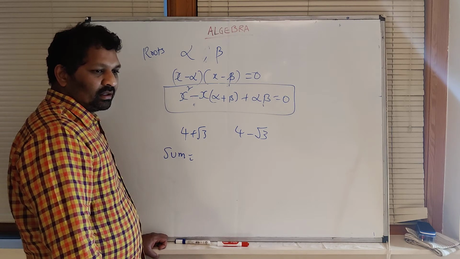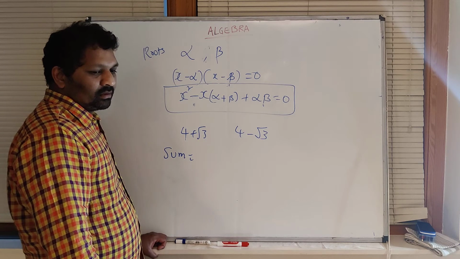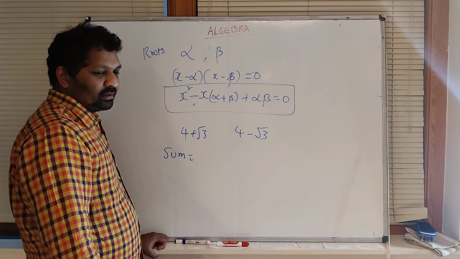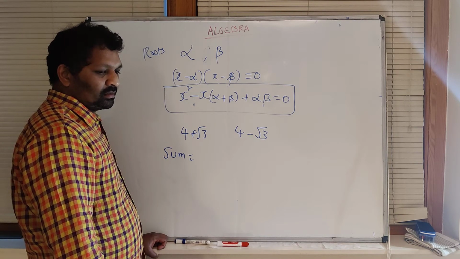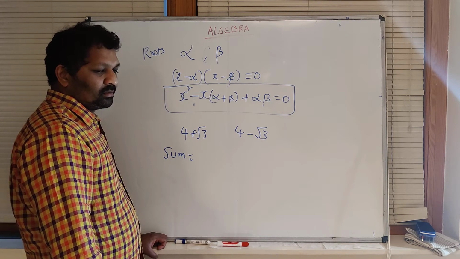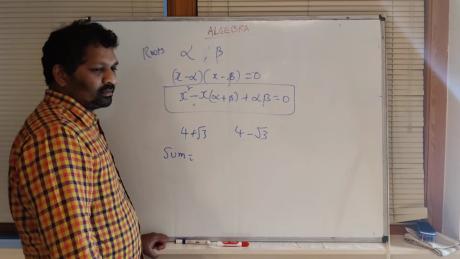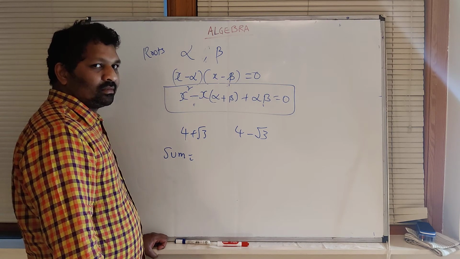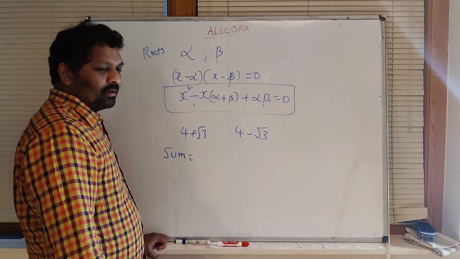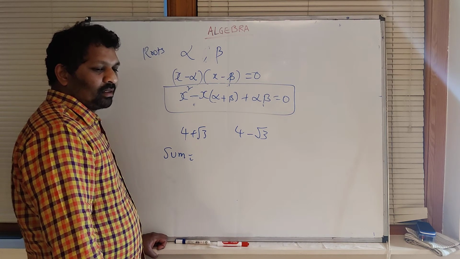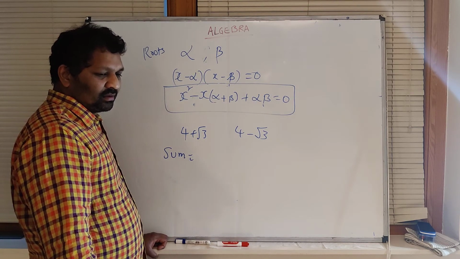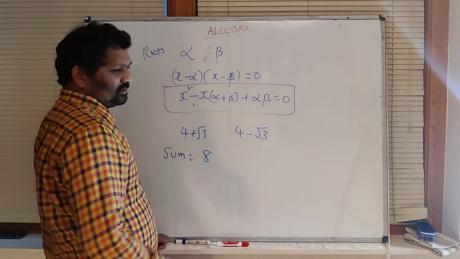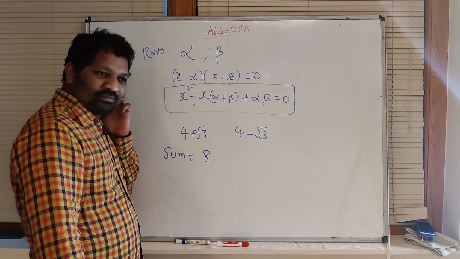It is a plus b plus a minus b. 4 plus 4 is 8, and root 3 minus root 3 cancels. So the sum is 8.